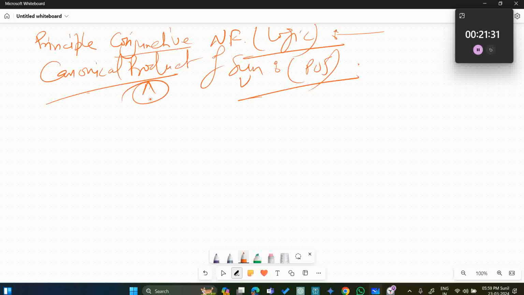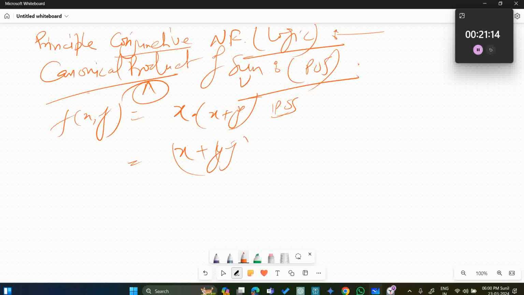So for f(x, y) in Boolean algebra, x dot (x plus y), this is POS, product of sum. Right? And to simplify this, we can use (x plus y bar) and (x plus y). Like this, we can simplify this always. Right?